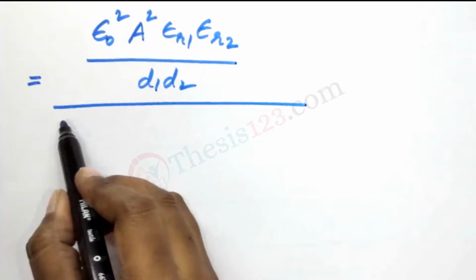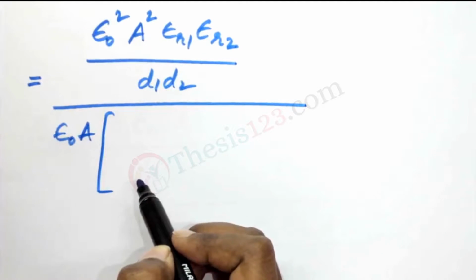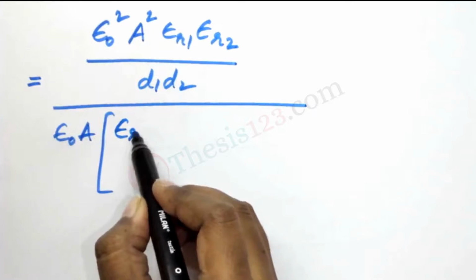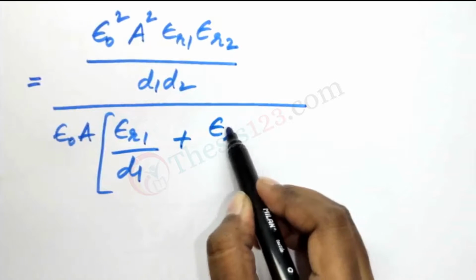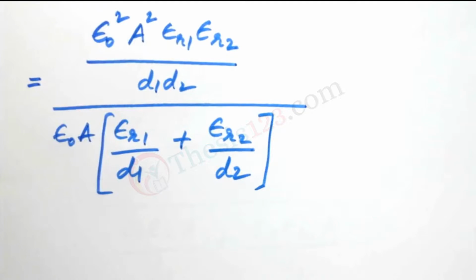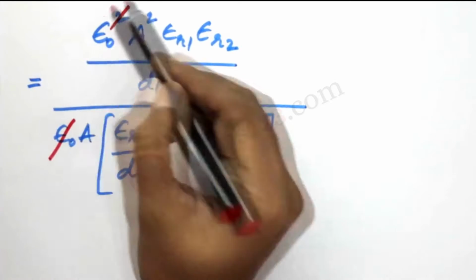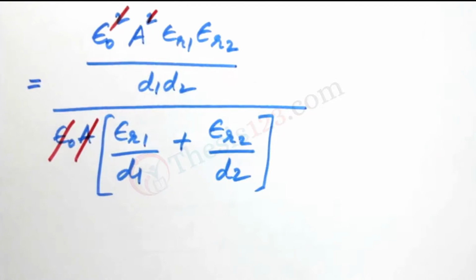Now further, we can take epsilon naught into A as the common part. We'll be left with epsilon r1 by d1 plus epsilon r2 by d2. So here we can cancel out epsilon naught and epsilon naught in the numerator. Now the rest of the portion, I believe we can cancel out the area as well, one part of the area.